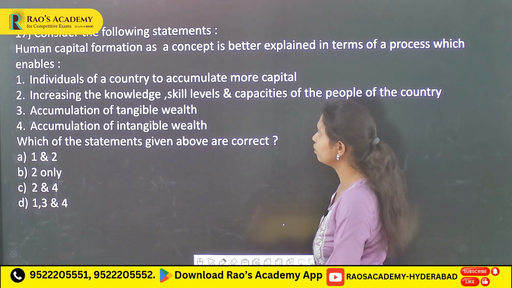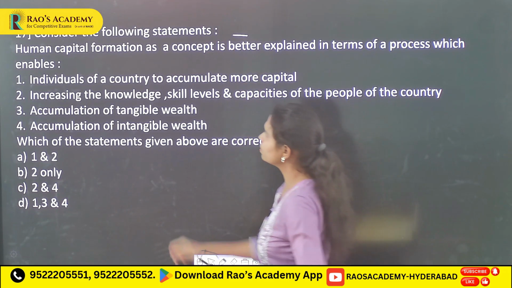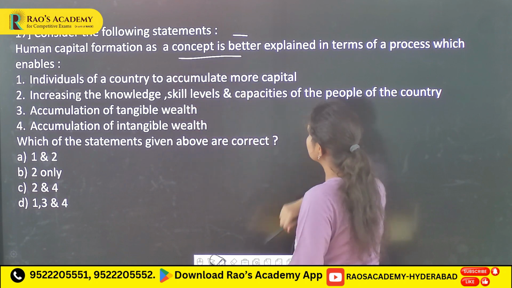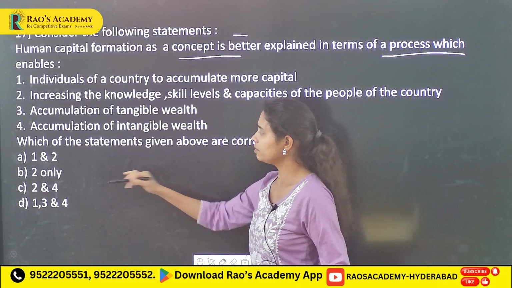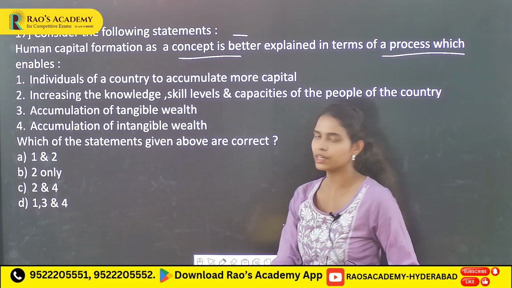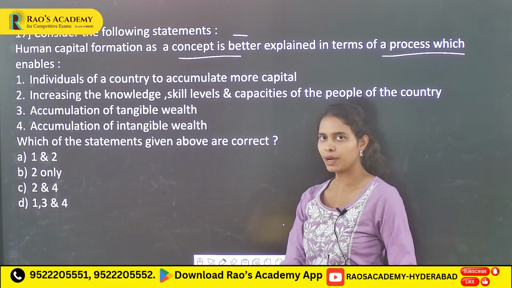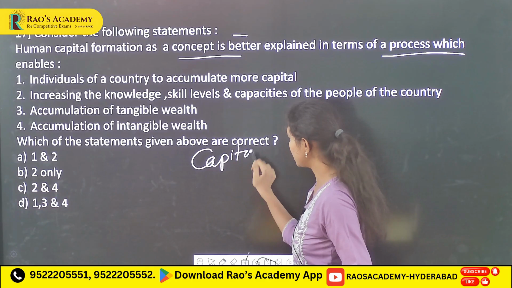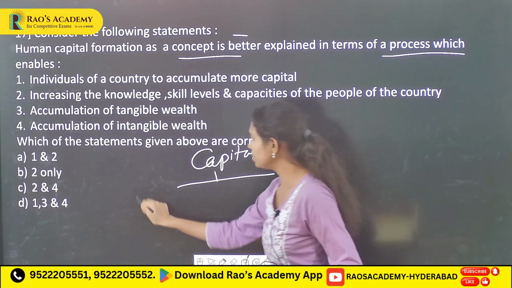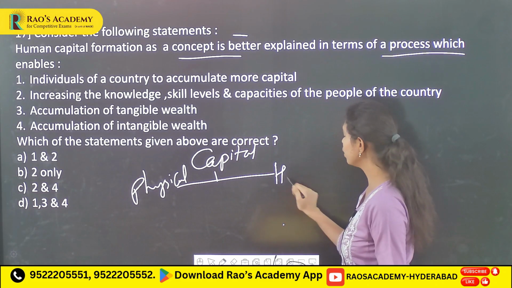Then, consider the following statements. Here it has been given that human capital formation as a concept is better explained in terms of a process which enables, and it has given different statements with regard to human capital formation. So before getting into it, let me give you a brief background with regard to capital. Capital is of two types, one being physical capital and the other being human capital.